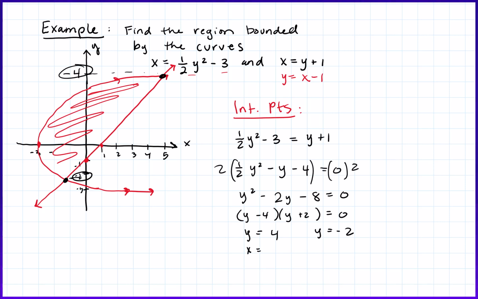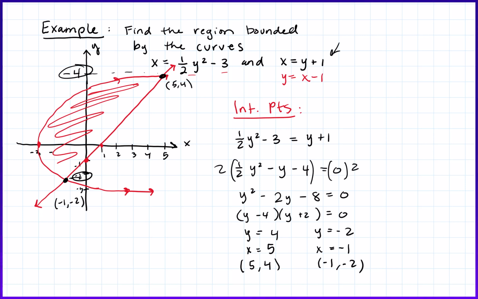If y equals 4, then x would be 5. I'm plugging them back into this one real quick. When y is -2, then x is -1. So our intersection points are actually at 5, 4, and -1, -2. This is at 5, 4, and this is at -1, -2.